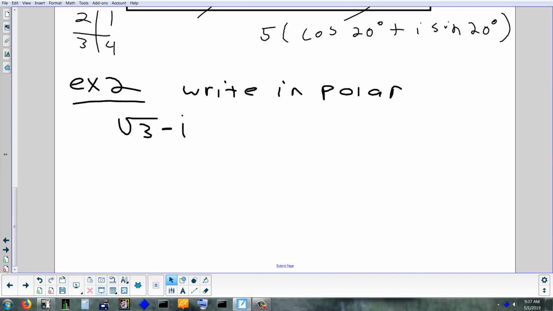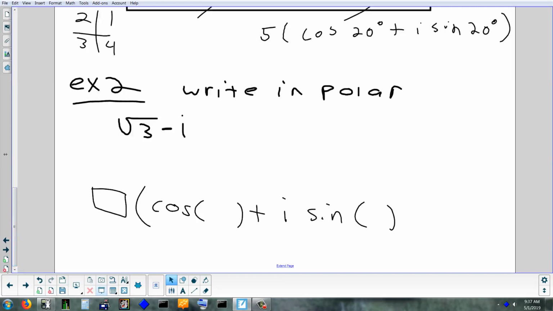So I can set up the template of what my answer is going to look like. I'm going to have an r, a cosine, leave a little room for theta, plus i sine, leave a little room for theta. That's what my answer is going to look like when I'm done. Just find r and find theta. Let's start with r.